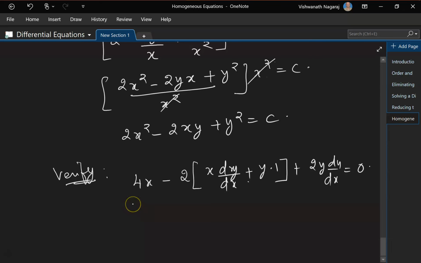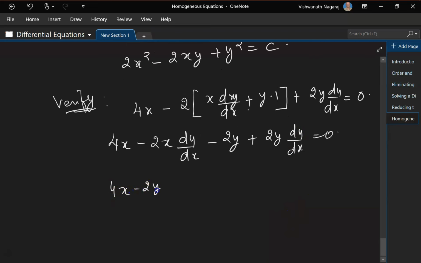Right, now just to keep simplifying it. So 4x minus 2x dy by dx minus 2y plus 2y dy by dx. So 4x minus 2y minus 2x minus 2y dy by dx equal to 0.